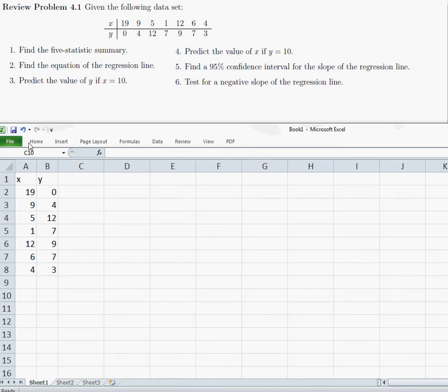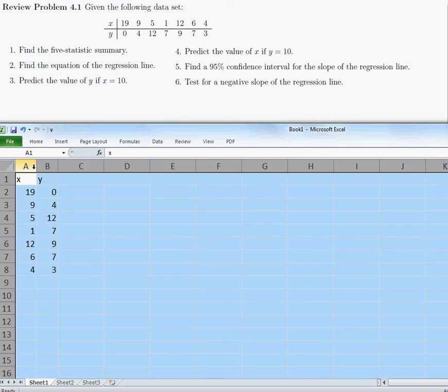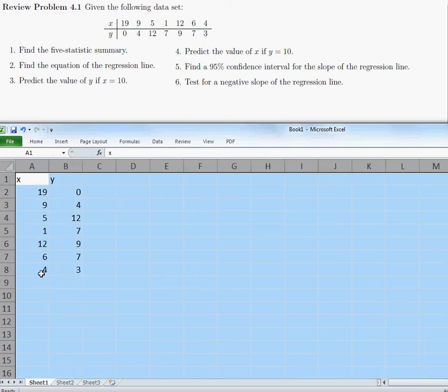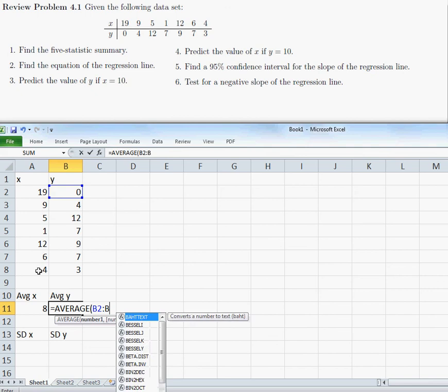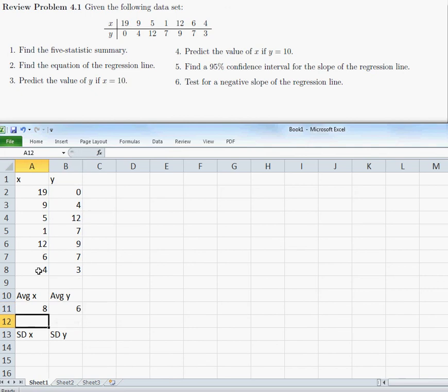The first part of the 5 statistics summary, of course, is just simply getting the mean and the standard deviation. So the average of x and the average of y, and also the standard deviation of x and the standard deviation of y. Just using Excel, the average of the x values works out to be 8, while the average of the y values works out to be 6.